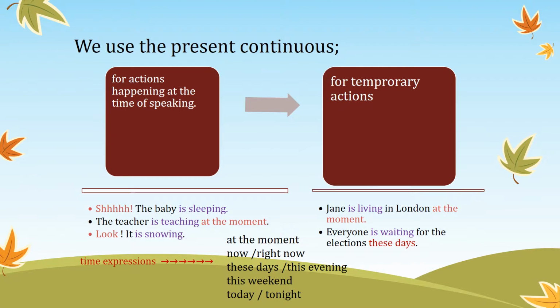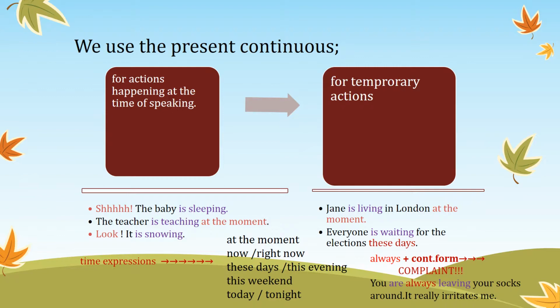The time expressions which are used with present continuous are at the moment, right now, now, these days, this evening, this weekend, today, or tonight. There is an exception I have to remind you here.